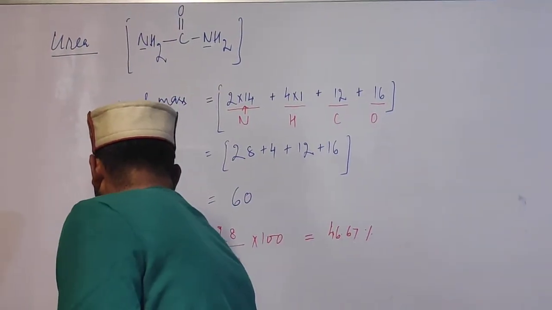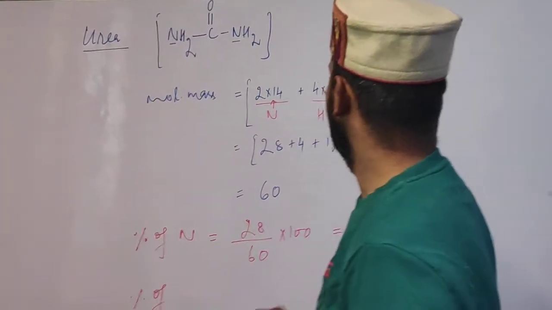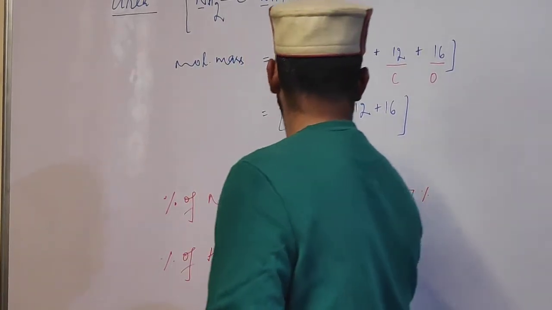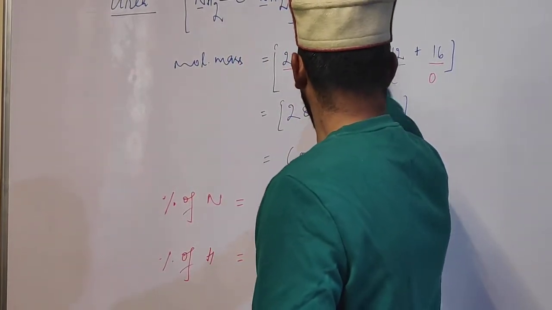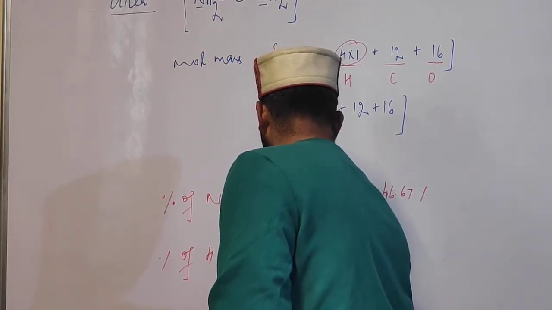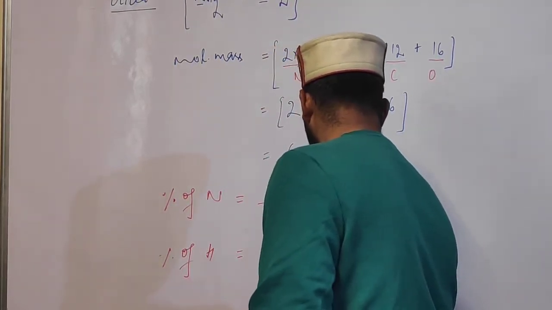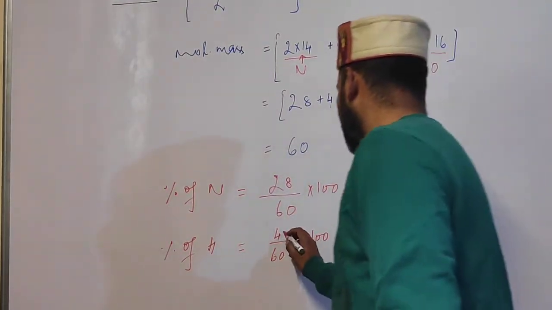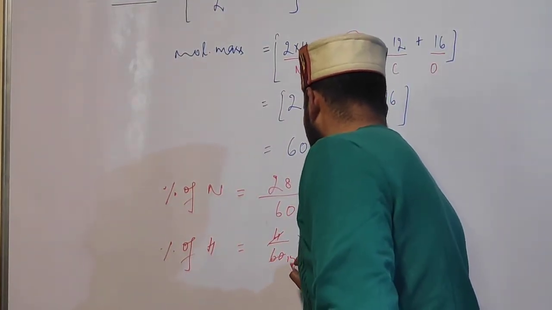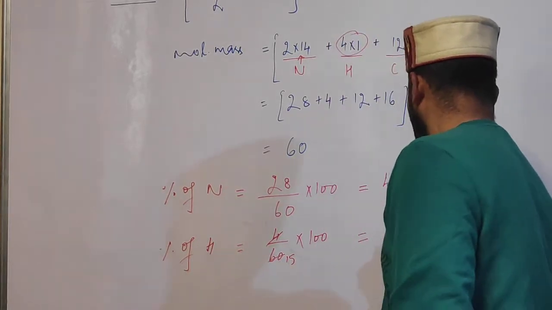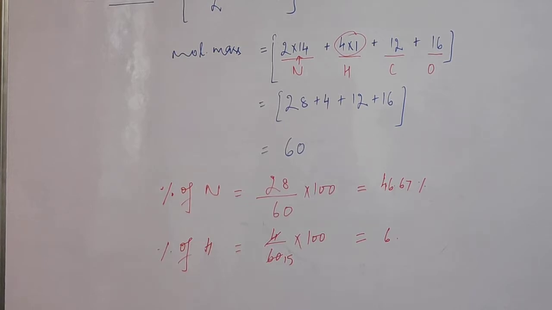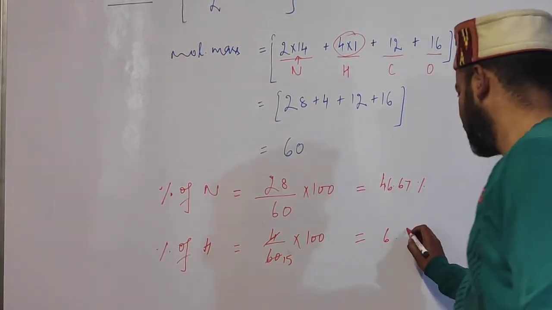Similarly, the percentage of hydrogen will be 4 upon 60 into 100, which is 6.67.